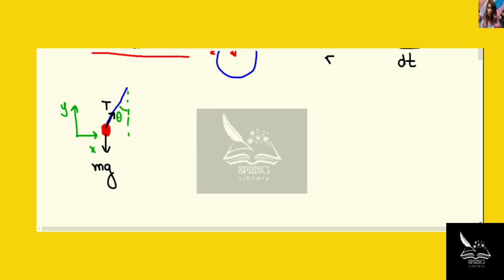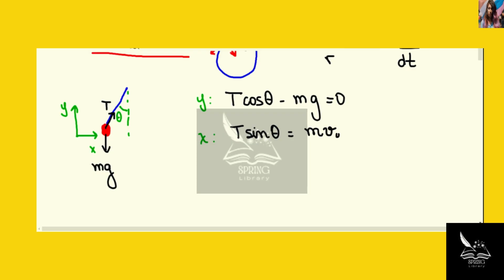In the y component, notice that the ball doesn't move in the y direction, so the sum of the forces must be 0. So we have T times cosine of theta minus mg is equal to 0, while for the x component, we only have T times sine of theta, and this is equal to the mass times the centripetal acceleration, that's v squared divided by r, as I said before.